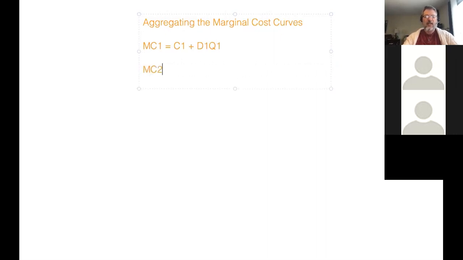Okay, so we're going to start with the case that we have two firms, and these are the general forms of the marginal cost functions. Now remember, I'll start a new little text box over here and label this one. Remember that what we're talking about is this three-step procedure.